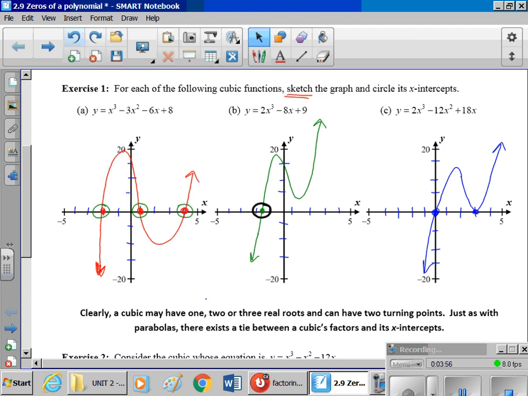So something like that is what it should look like. And like I said, we're just sketching here.